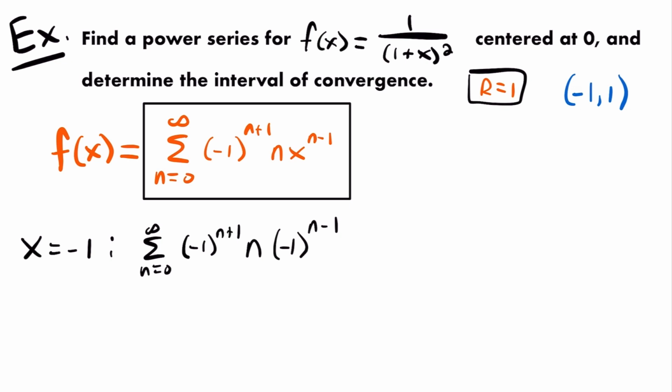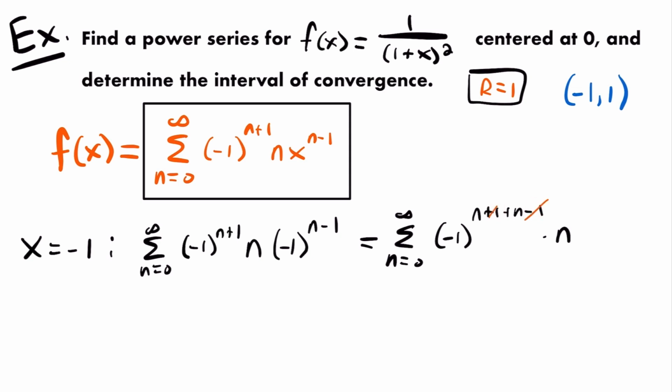And now we have negative 1 to the power of n plus 1 and negative 1 to the power of n minus 1. We have the same base raised to an exponent, so we can add those exponents. And if we do that, this will be equal to the sum from n equals 0 to infinity of (-1)^((n+1)+(n-1)), and that's multiplied by n. All right, so we added these two exponents, n plus 1 plus n minus 1, but now we have a positive 1 and a negative 1.